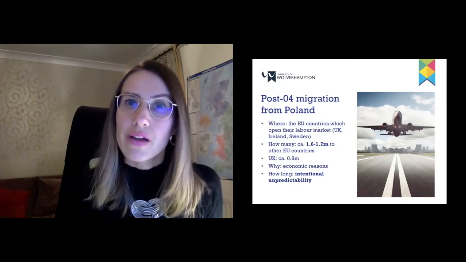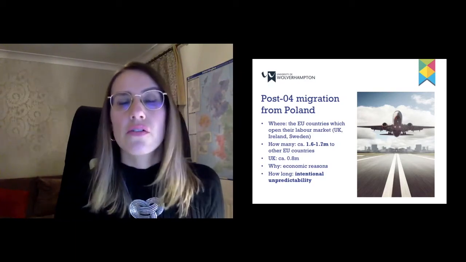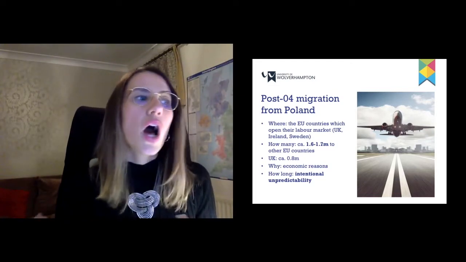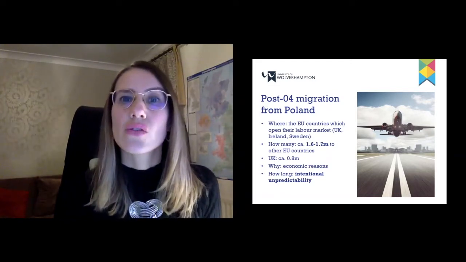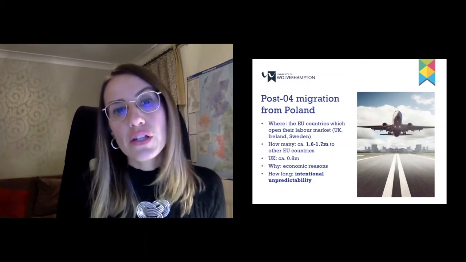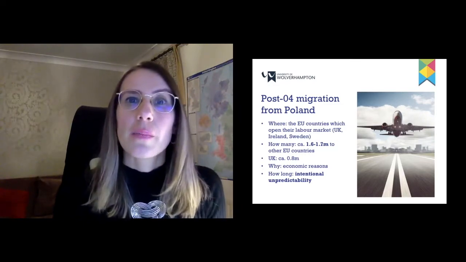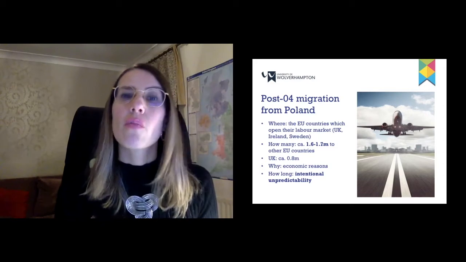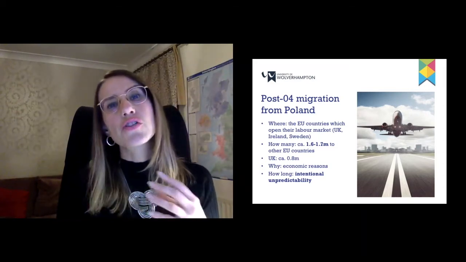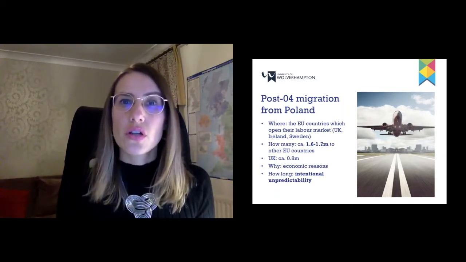However, when people migrate, they often don't deregister from the place where they lived. So it's about 800,000 people who migrated from Poland to the United Kingdom, especially for economic reasons, because of the favorable, especially back then in 2004, exchange rate from pound sterling to the Polish currency, that is Polish zloty.